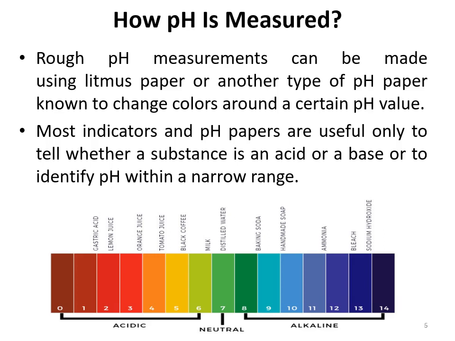Then we have baking soda, which is an alkaline solution and shows bluish green or aqua shades. We have handmade soaps that are also basic in nature, and ammonia, bleach and sodium hydroxide, the most basic in nature, which show a pH around 14.